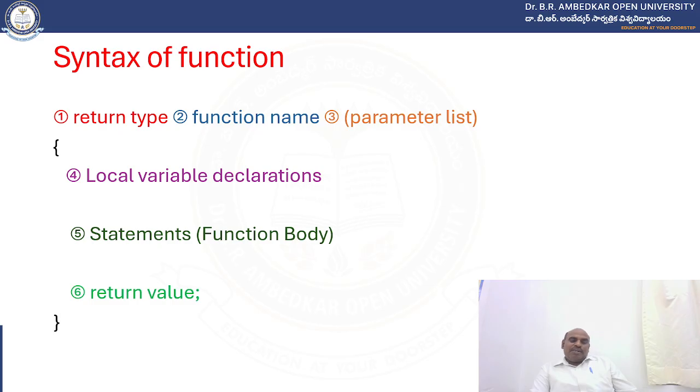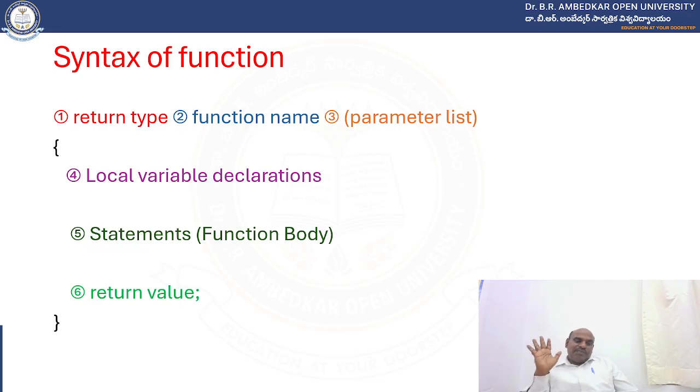The scope is also local only. Then we can write statements, that is called function body. Lastly, the sixth one is returning a value, that is returning an expression or result. That is the return value.